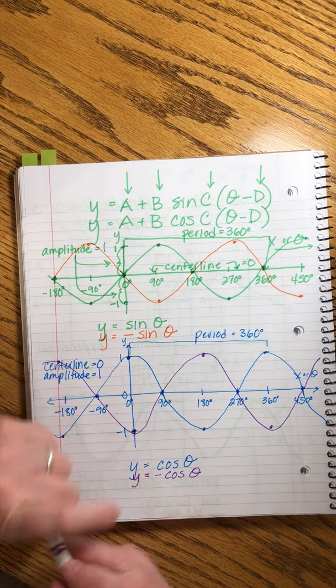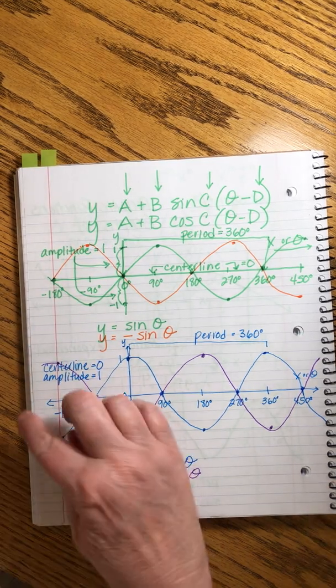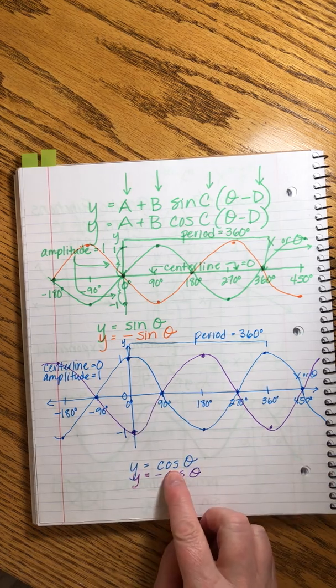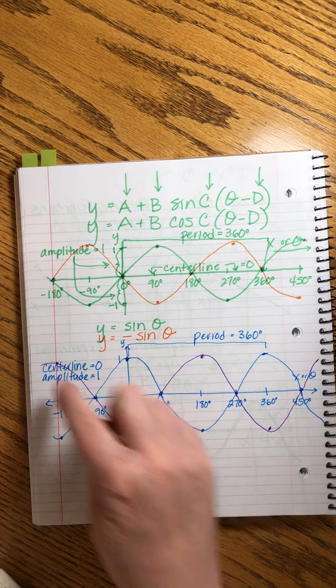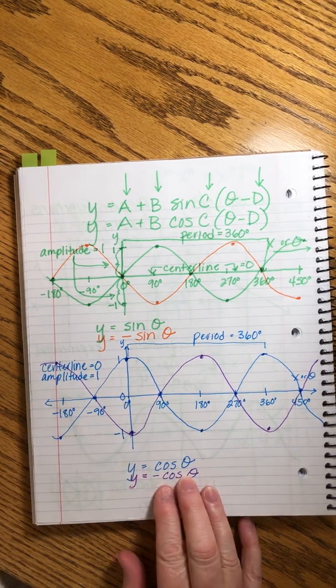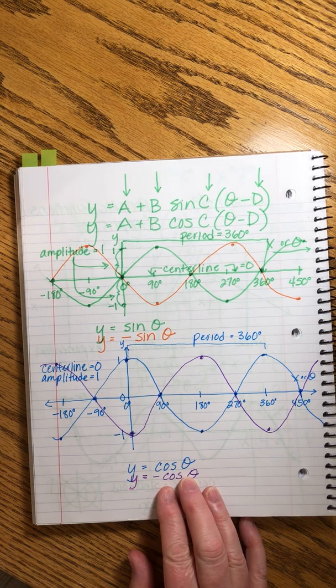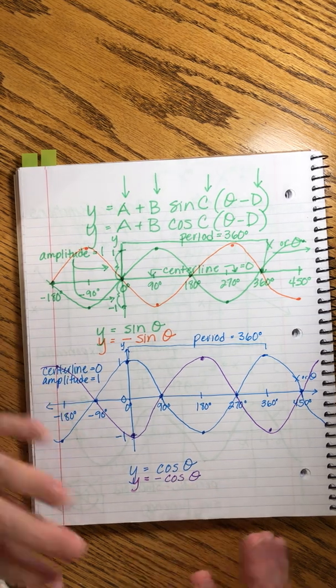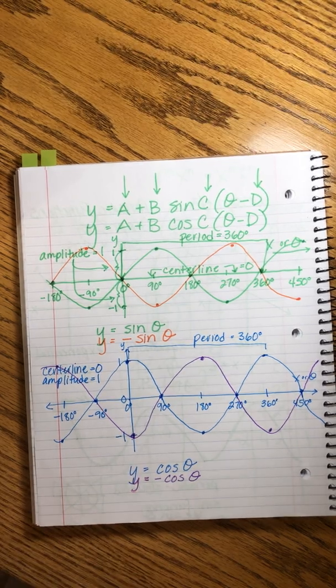So negative sine or cosine is pretty easy to find. You don't even have to draw in the other one. You'll get used to this and you'll be faster at it. You can just imagine, now, where would the regular one go? If it's cosine, then at 0 degrees, I'm going to be at +1 because that's the high point. So if I want the negative cosine curve, I go to the low point, right? It falls into place fairly easily once you play around with these a little bit.